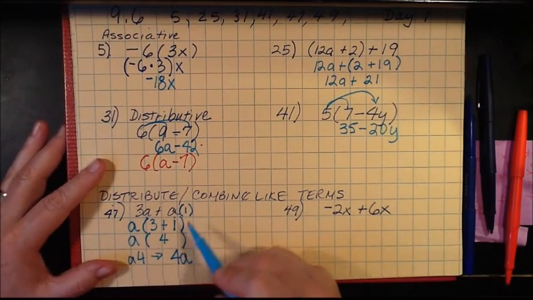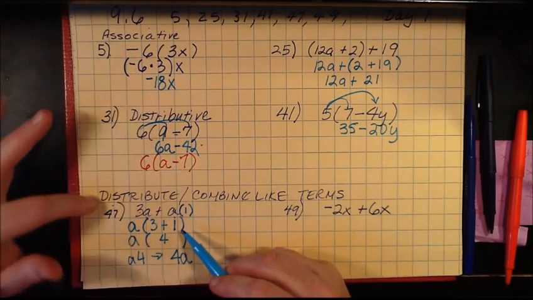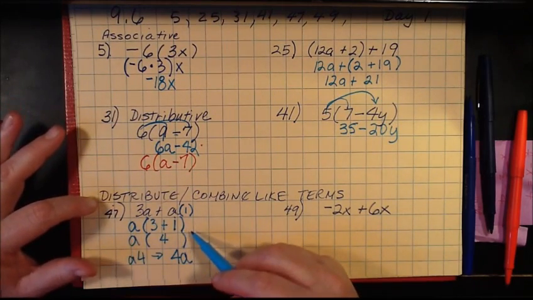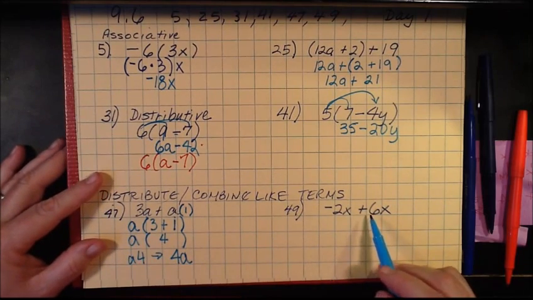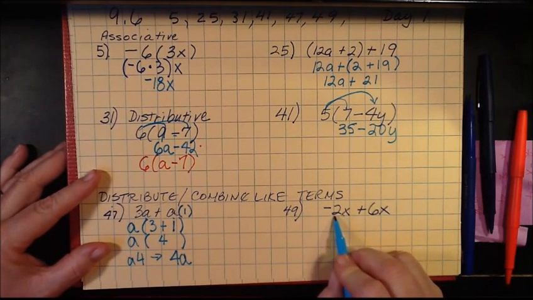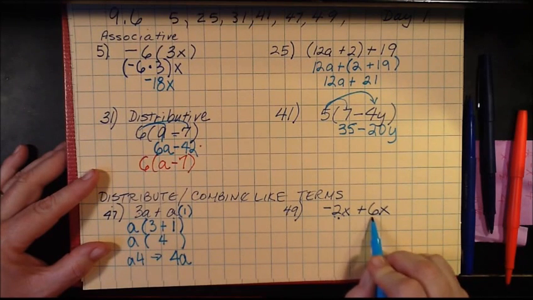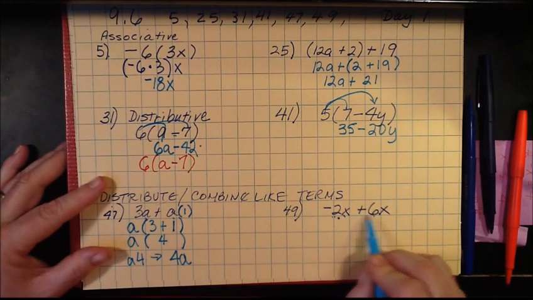So what I did was I did the inverse operation of distribution, and I pulled out a common factor. Here I'm going to do the same thing. The thing these two numbers have in common is 2, because these are both even numbers, and x.